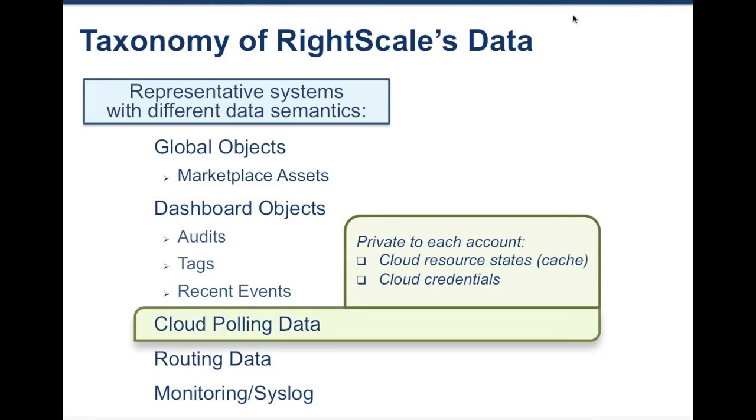Now, as I said, we basically sit on top of cloud infrastructure services, and we need to constantly poll these services and collect information that we need to store somewhere. So this class of data is different, and we store it in a different way.